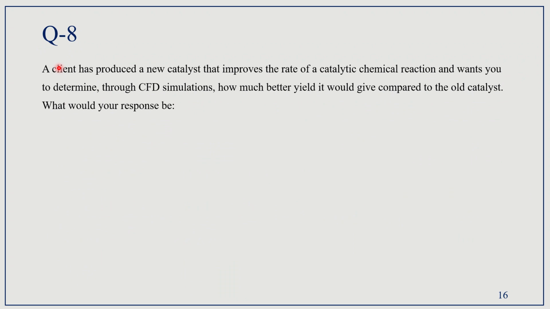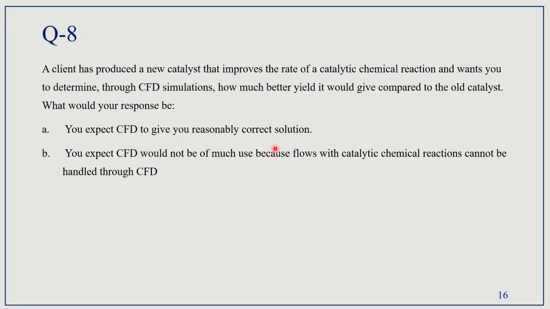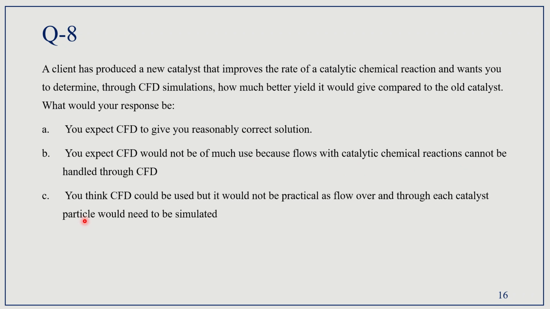And now we'll also go to question 8. In question 8 it is asked that a client has produced a new catalyst that improves the rate of a catalytic chemical reaction and wants you to determine through CFD simulations how much better yield it would give compared to the old catalyst. What would your response be? Option A, you expect CFD to give you a reasonably correct solution. Option B, you expect CFD would not be of much use because flows with catalytic chemical reactions cannot be handled through CFD.